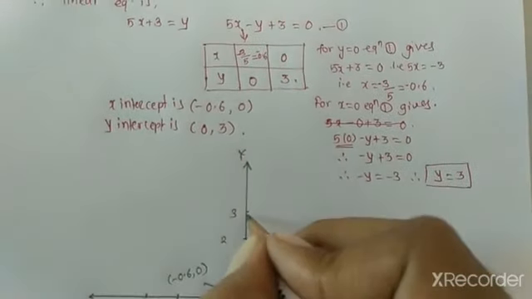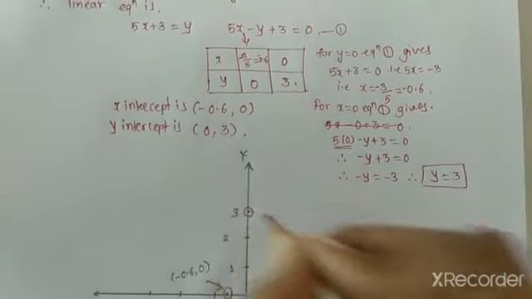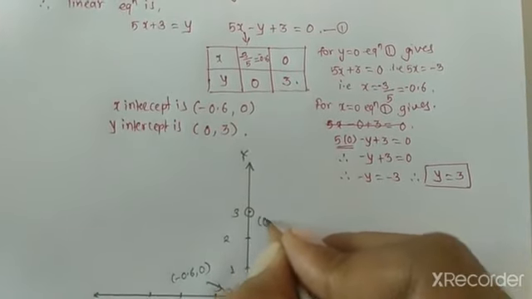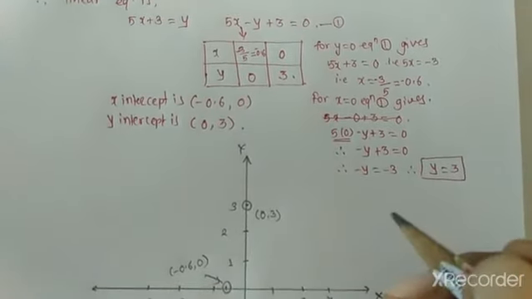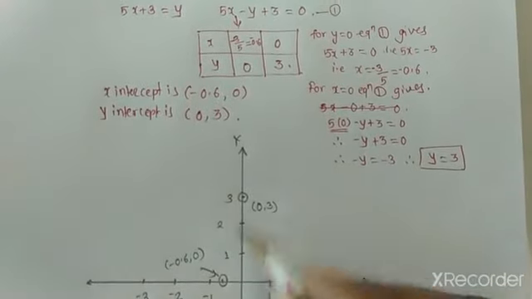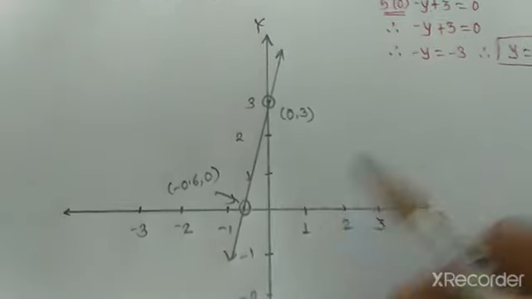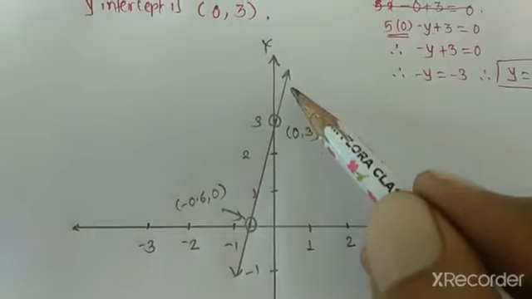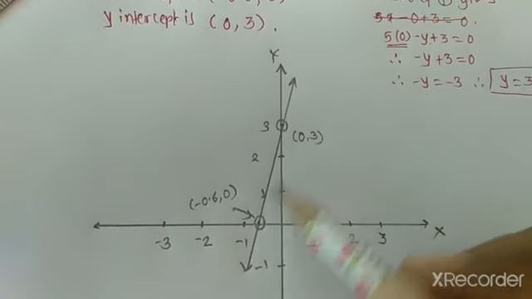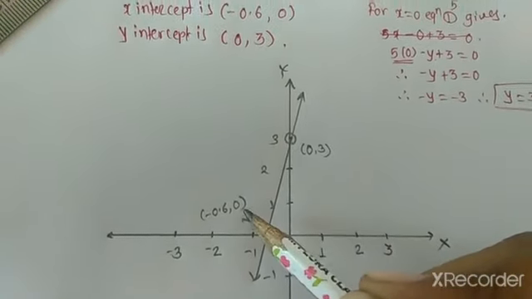That means this point, which is 0 comma 3, our y intercept, and we have to draw a line passing through these 2 points. Okay, so this is the line which we draw from the point 0 comma 3 to minus 0.6 comma 0.